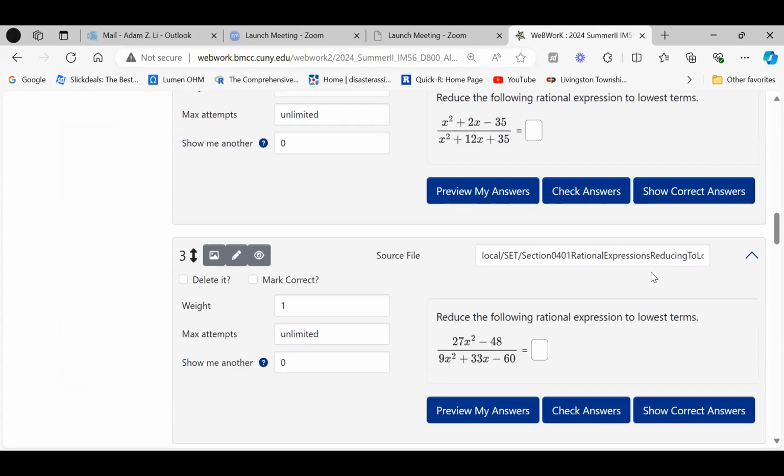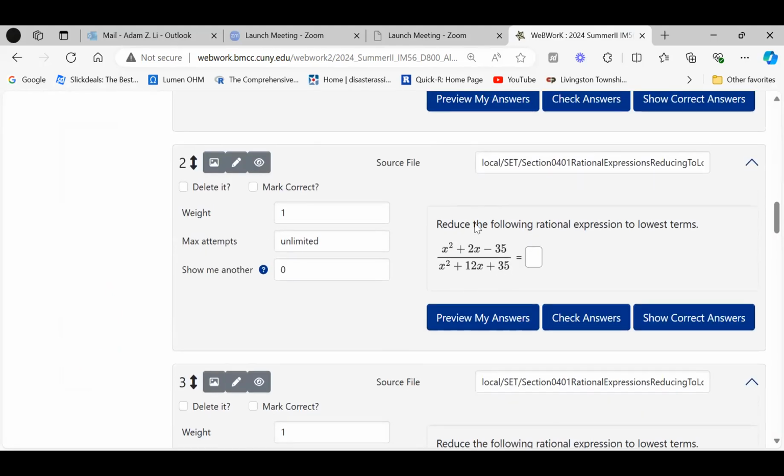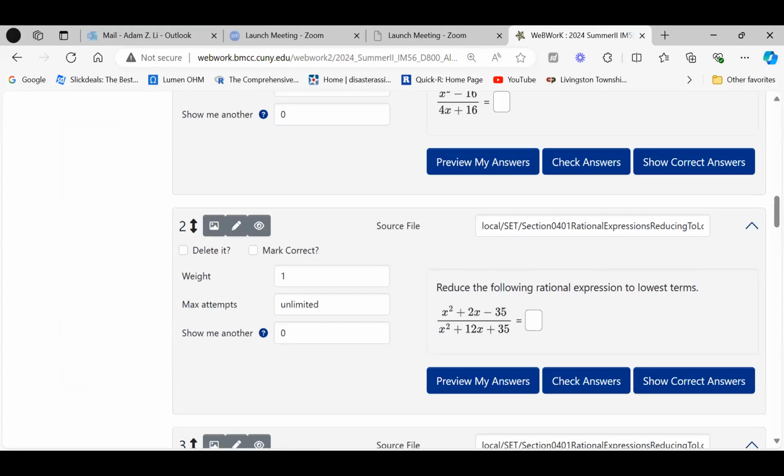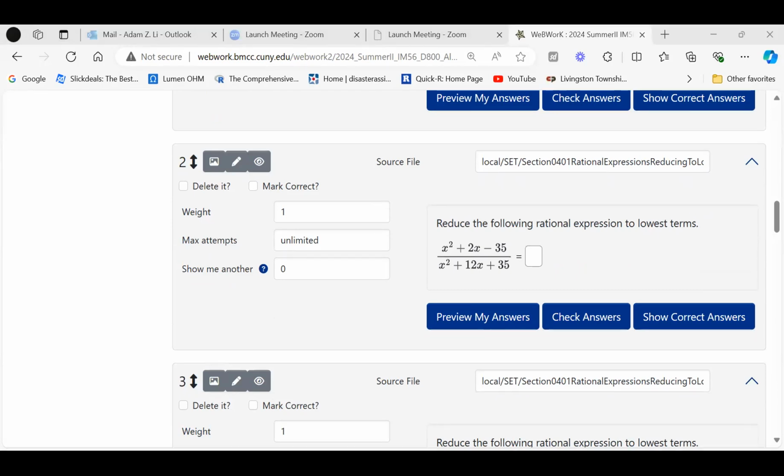I'll go over one of these, and I'll let you try a similar one in a second.